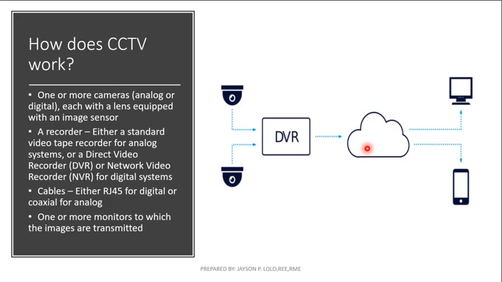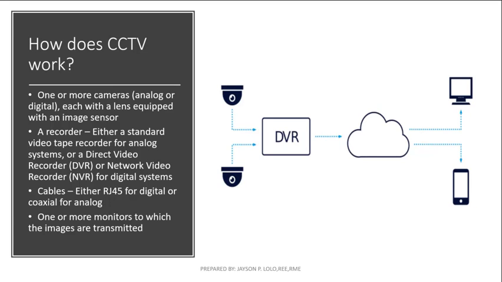Aside from that, we also have the cable, where we use RJ45 for digital and coaxial for analog. So there are two different cables used for the two systems, analog and digital. Then let's proceed to the monitor or the television system monitoring, or images through your phone.